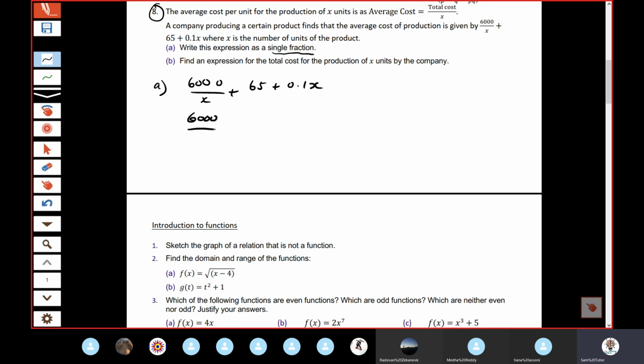So it's 6,000 on x plus 65 plus x on 10. Now you can have it as a single fraction. Equals common denominator 60,000 plus 650x plus x squared. Does that make sense? So the trick to that was a 0.1. Probably a lot of students would have missed that.